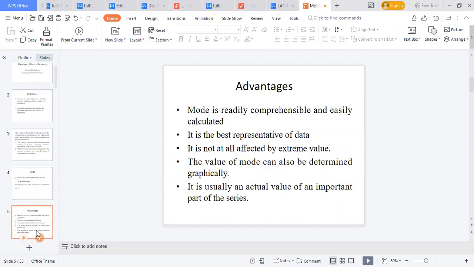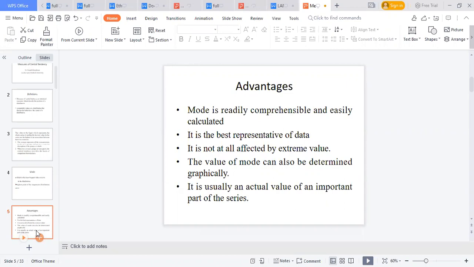So mode is readily comprehensible and easily calculated. It's easy to just see on a distribution which number is appearing more often. Also, it is the best representative of data. Because many are of age 2, that 2 represents that particular distribution more. It is not at all affected by extreme values.